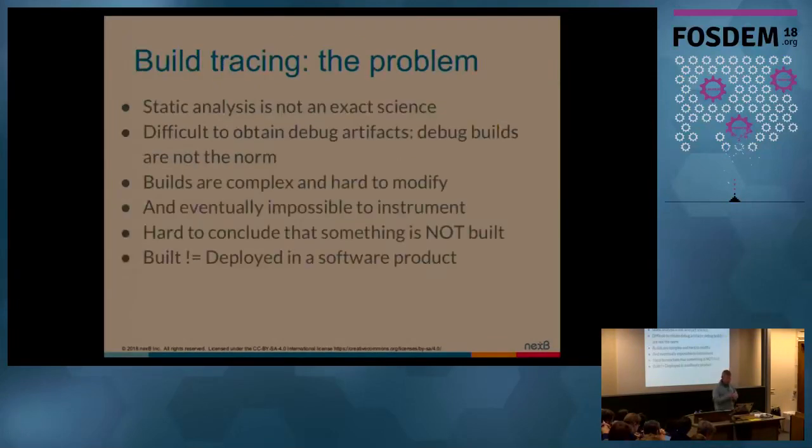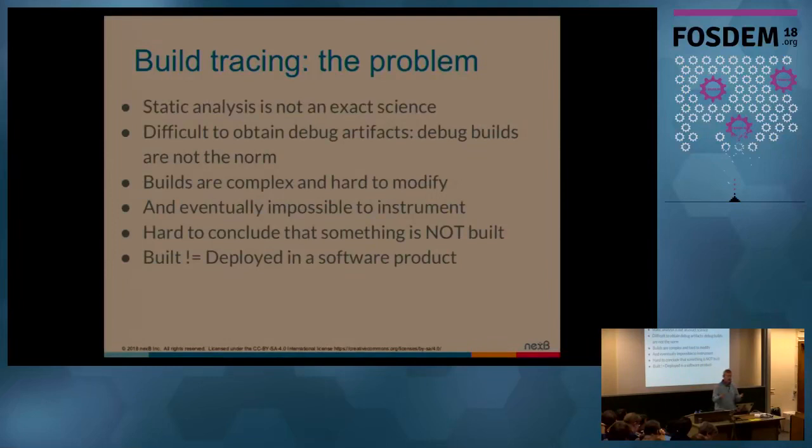So the problem: static analysis is not an exact science, it's difficult. Instrumentation is complicated too. For instance, if you were to instrument GCC or make, there have been several attempts, and there are new attempts in that space, but it's complicated because you eventually have to instrument each and every build. It's very dependent on the internals of the code most of the time. So both dynamic and static analysis are complicated.